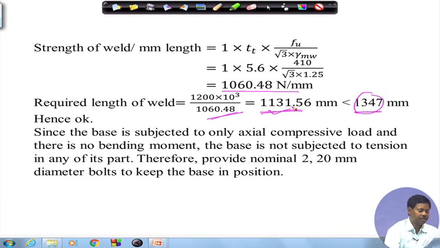And as the base is only subjected to axial compression, we can provide the nominal 2 number of 20 mm diameter bolt to keep the base in position, because here there is no tension, as there is no bending moment in the member. So, this is how for 2 cases we can design the base plate in this fashion.